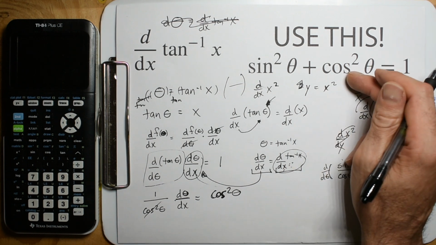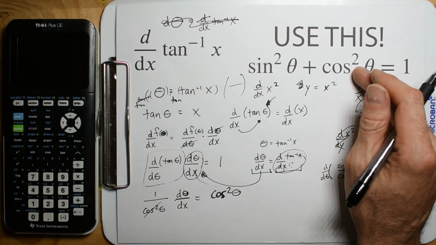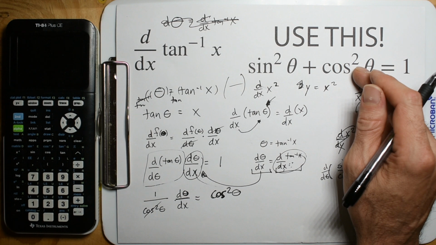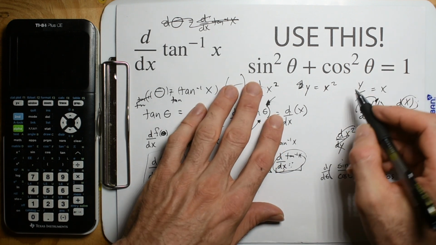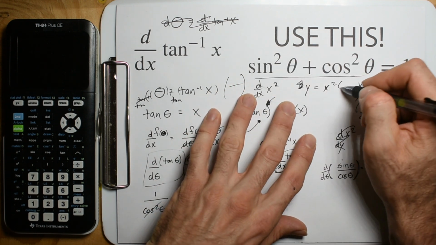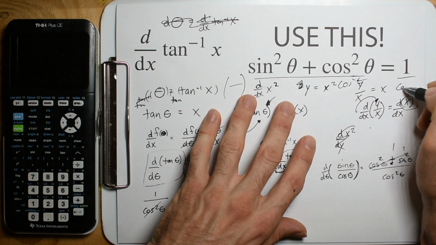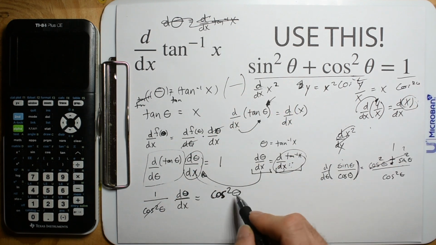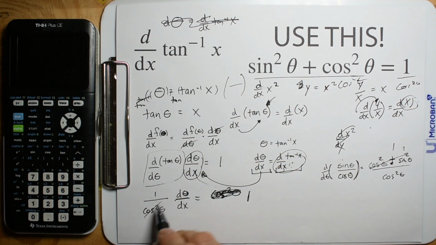But this is where you use that identity. But I think I already messed it up. So we're going to take this and divide by cosine squared theta on both sides. Oh yeah, maybe I shouldn't have brought it over here. So there you go. No, we're good. But yeah, this just trips me out.